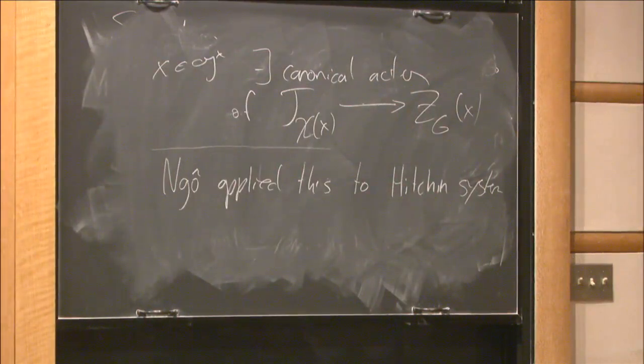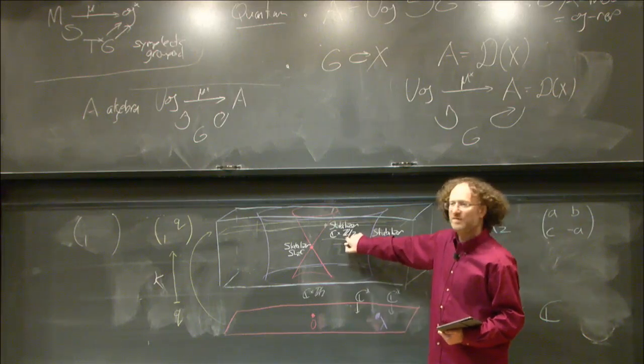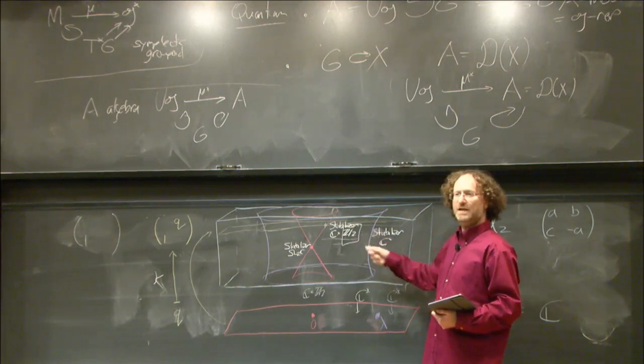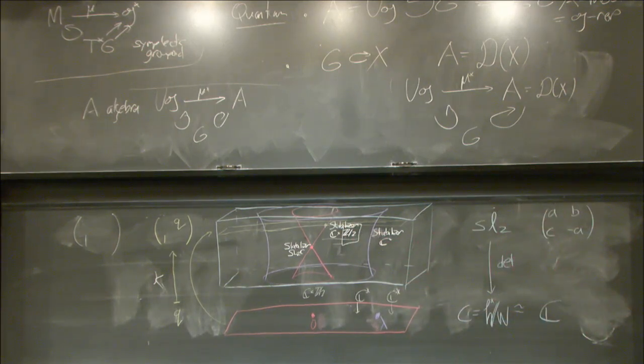You might have thought, I have a bunch of commuting flows, I can try to integrate them by just somehow exponentiating. It's crucial that this group is disconnected. And it's really the connected components that appear, that's where the phenomenon of endoscopy is captured, by these groups of connected components. He used this as the fundamental symmetry principle behind the proof of the fundamental lemma, in the case of the Hitchin integrable system.